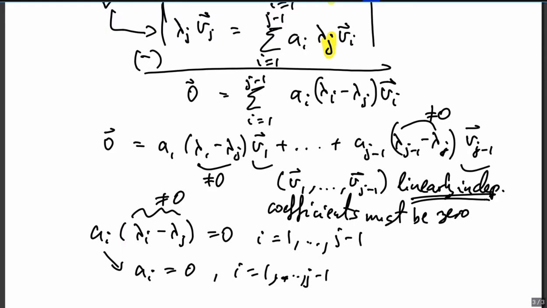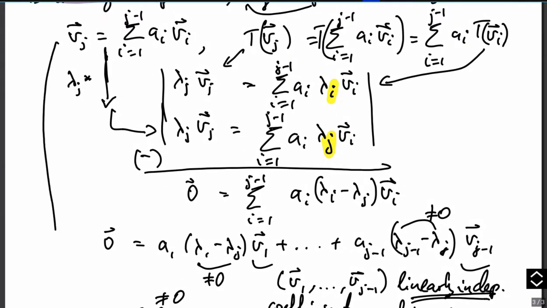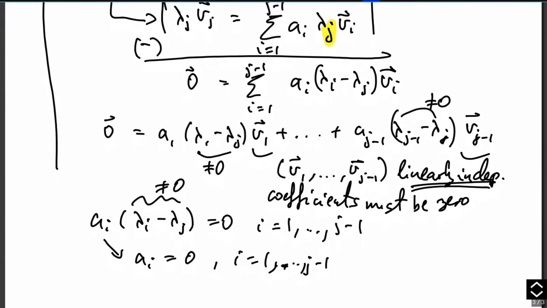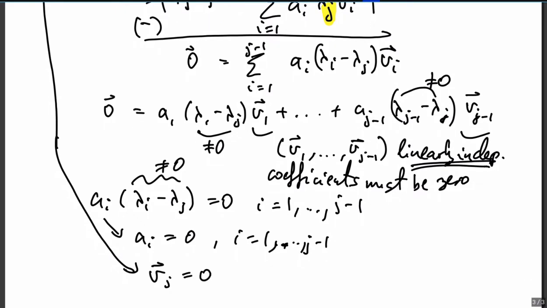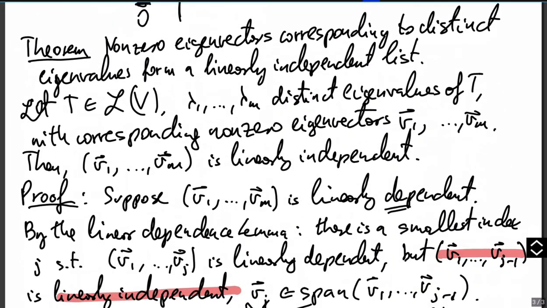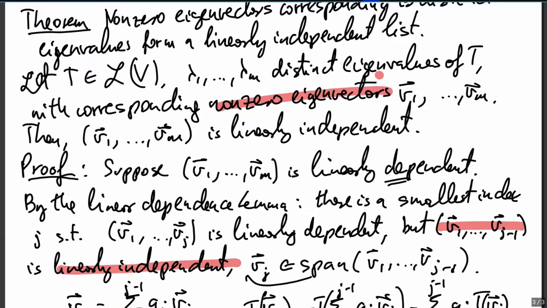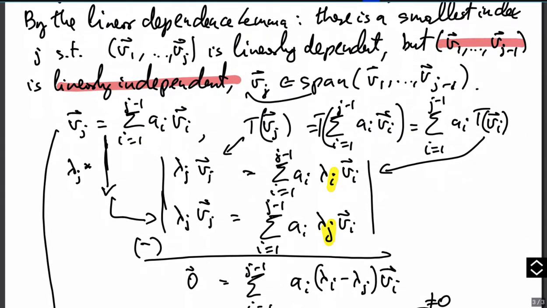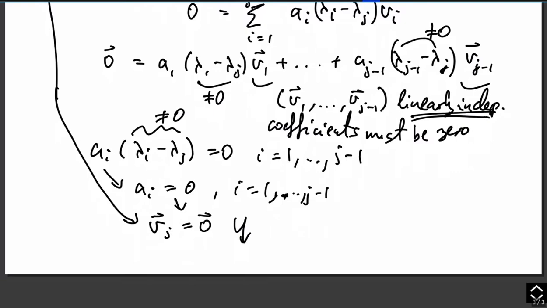But then going back to this linear combination, that means that the vj vector is a 0 vector, which is a contradiction, since we started saying that these v's are non-zero eigenvectors. But using the assumption that they are linearly dependent, we obtain a contradiction that one of them is the 0 vector, so hence they must be all linearly independent. So v1, ..., vm is linearly independent.